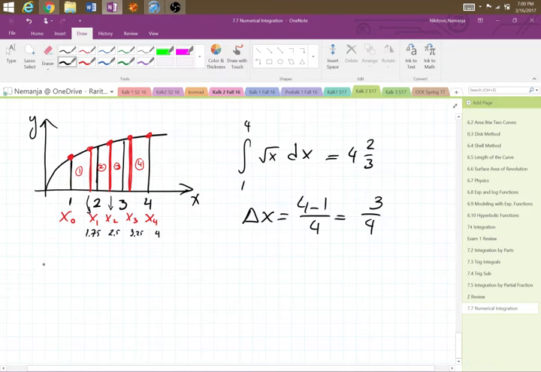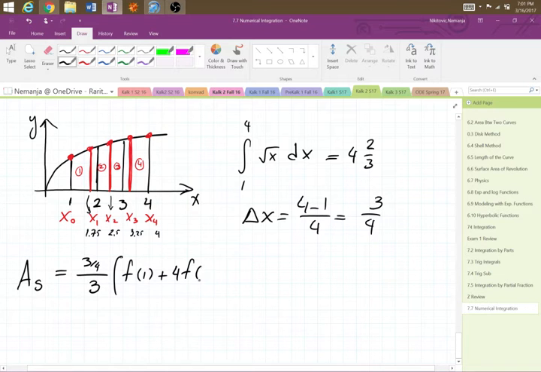So now what do I have? Area using Simpson's rule is 3/4 divided by 3. And now what do I have? The function computed at the first value, which is 1, plus 4 times, don't forget the pattern, 1, 4, 2, 4, 2, 4, 2, 4, 1.